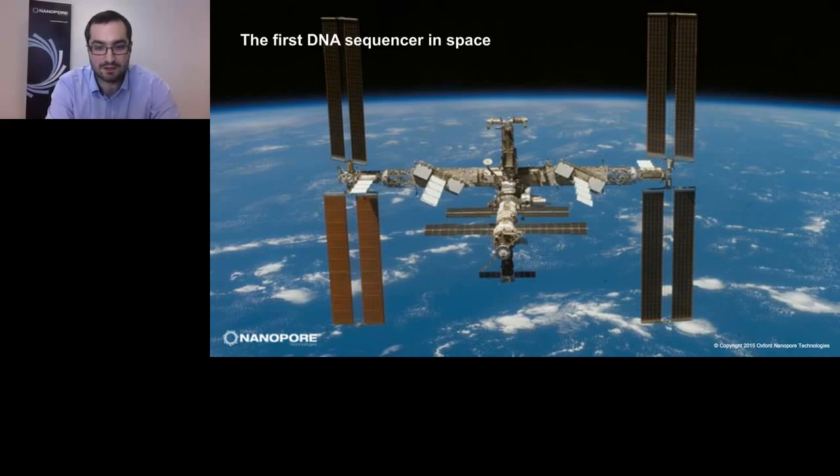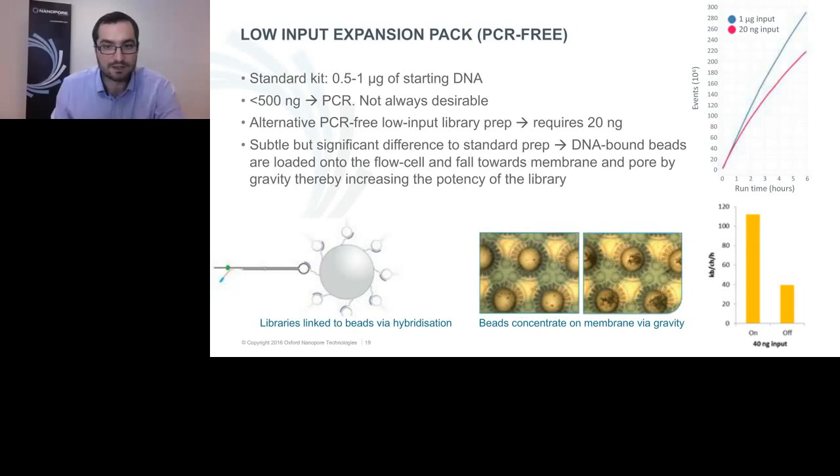Right, okay. So I showed on a previous slide that we could achieve pretty decent throughput with as little as 20 nanograms input. We have gone down lower than this, and we have seen reads detected in the tens of picogram range, so tens to maybe 100 picogram range. You do see reads, but at a compromise of throughput, you do see a reduction in the throughput when you start with under 20 nanograms.